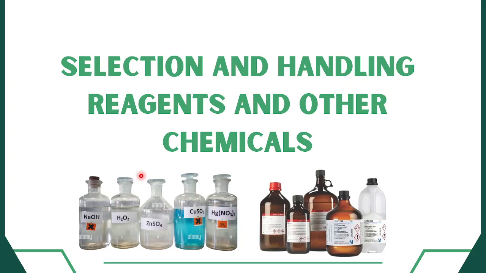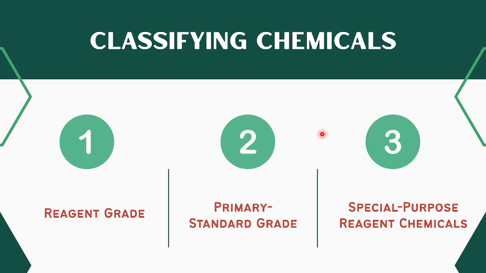Now, let us start in the first topic, and this is all about the selection and proper handling of reagents and other chemicals. Now, we actually have 3 classifications or 3 groups of chemicals.